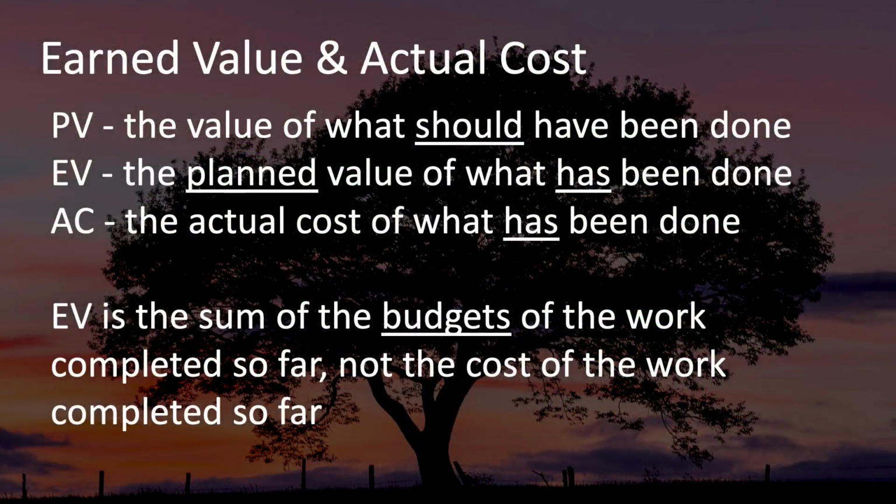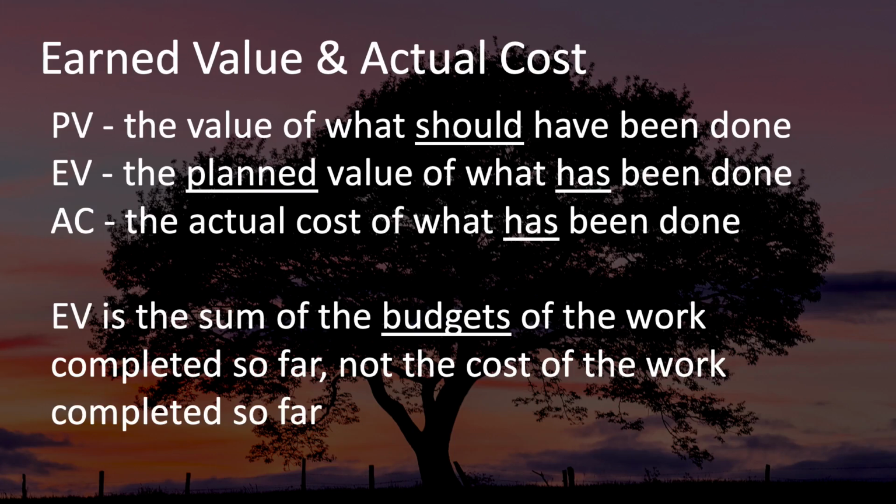PV is the value or budgeted cost of what should have been done by now. EV is the planned value or budgeted cost of what has been done so far. And AC is the actual cost of what has been done so far.